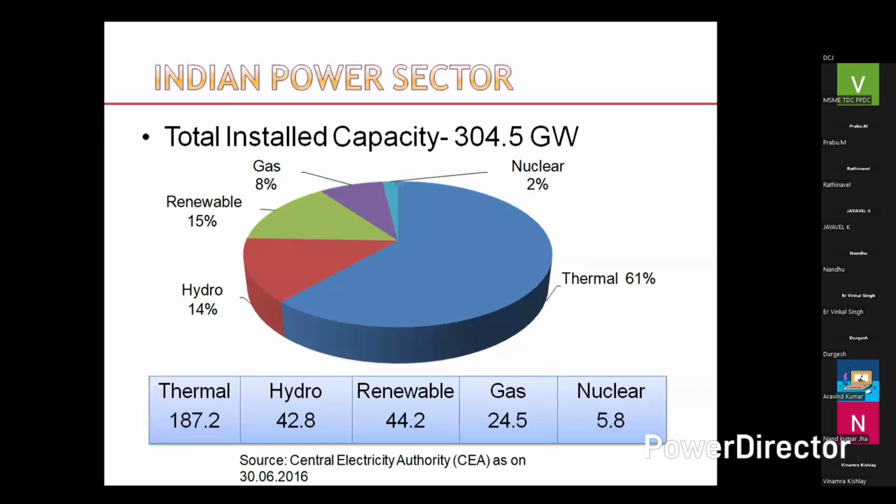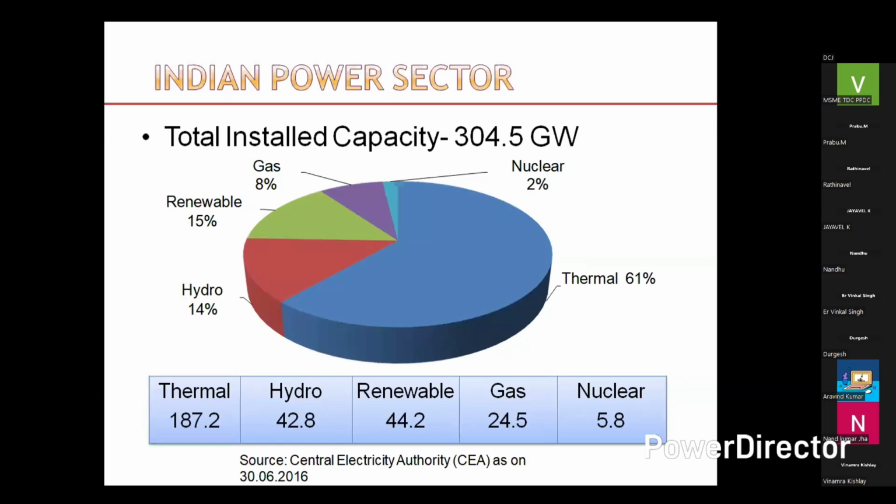Initially, India was generating 80 to 90% from thermal power plants. But in the past 10 to 15 years, there has been a big change. Now it is only 50 to 60% from thermal power plants, and the rest we are generating from solar, wind, and other renewable sources of energy.